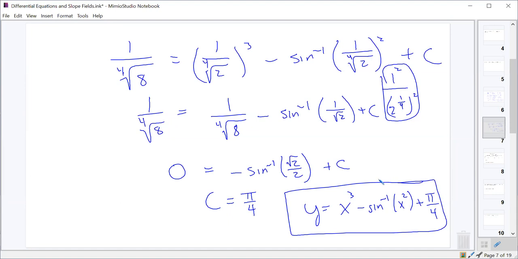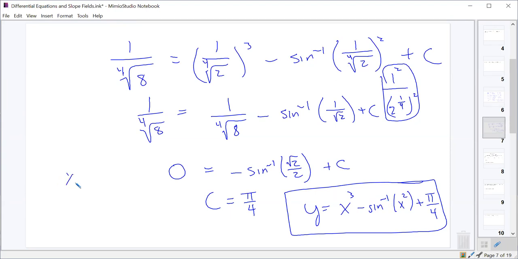And then we've got to find the interval in which it's valid. It might have some discontinuities, right? All right. So what values can we plug into inverse sine? There's only a certain number of values. From -1 to 1. Right.